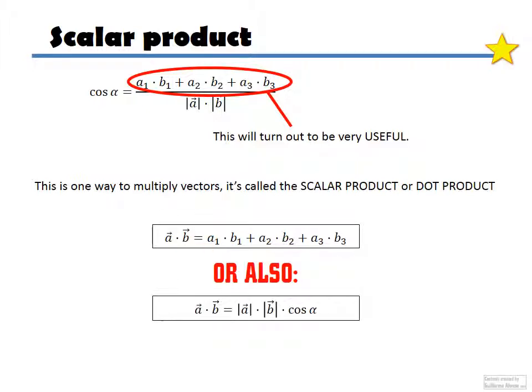So the x coefficient of A times the x coefficient of B plus the y coefficient of A times the y coefficient of B, and so on. But ultimately, because I can take this part of the equation and take it over here, this thing is the same thing as this thing. So I can write the scalar product both like this and like this.